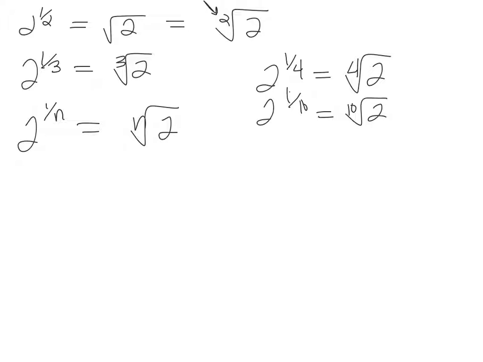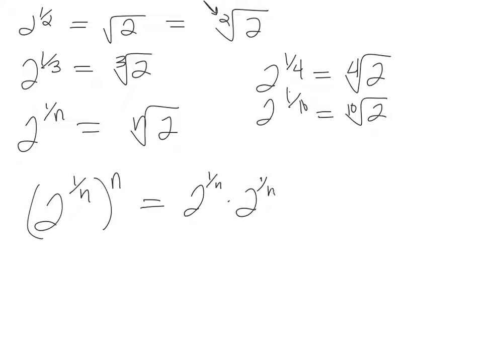If we did 2 to the 1 over n, to the nth power, that's the same as 2 to the 1 over n, and I can do that n times. That means as many times as I feel like it.